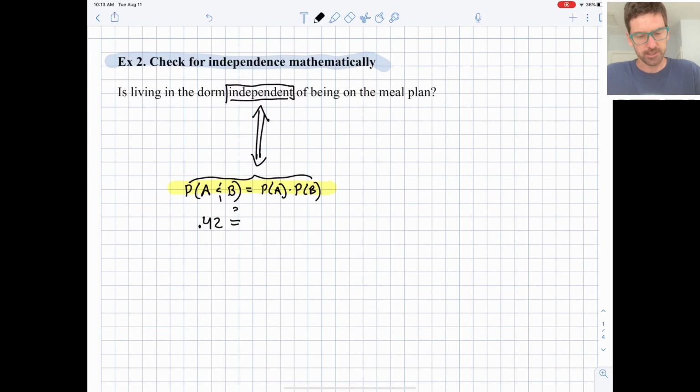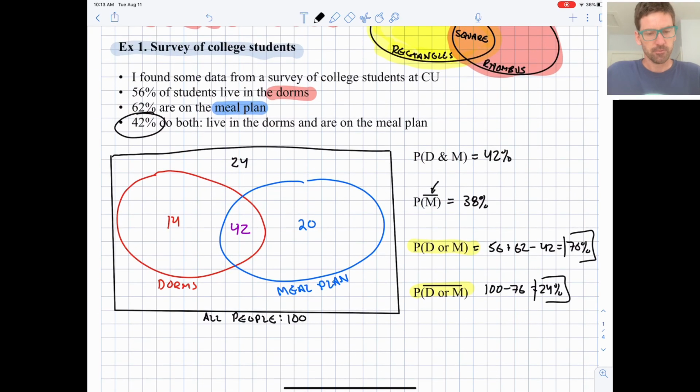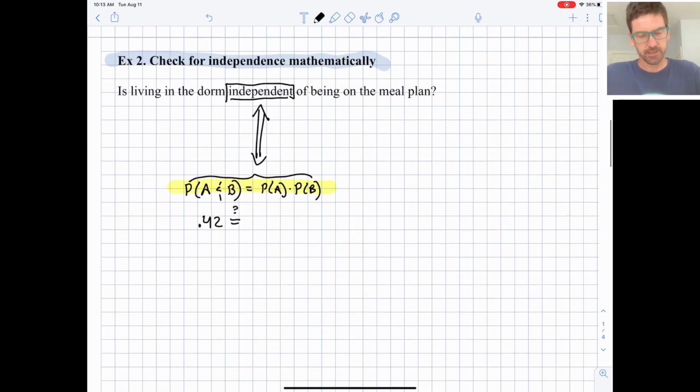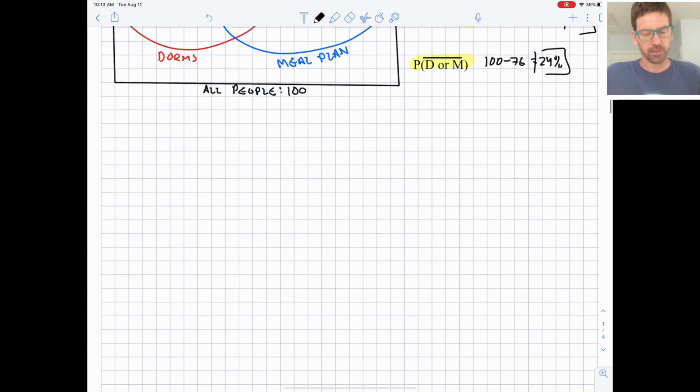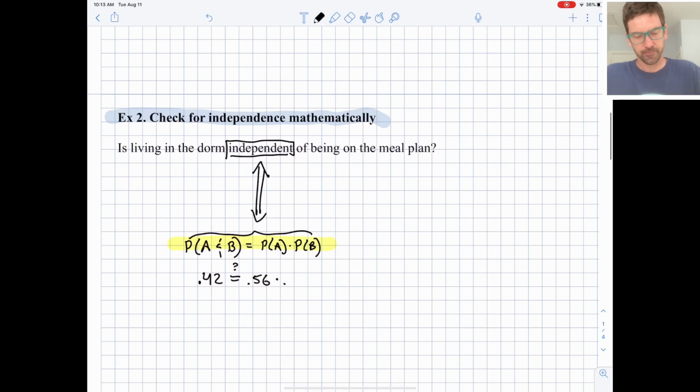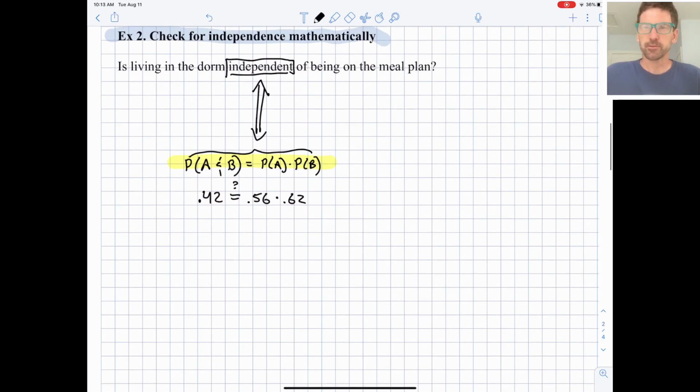And we're checking, is that equal to the probability of dorms, 0.56, times the probability of a meal plan, 0.62? So we're wondering, is that equation valid? Is 0.42 equal to 0.35? And it's not, it's pretty far off. So that means those two events are not independent.